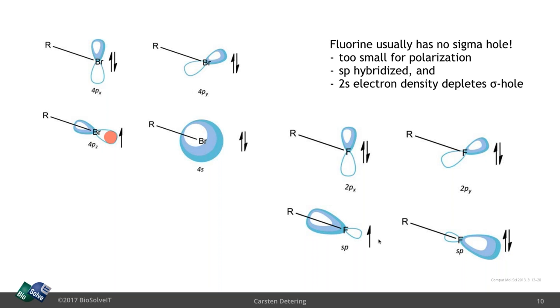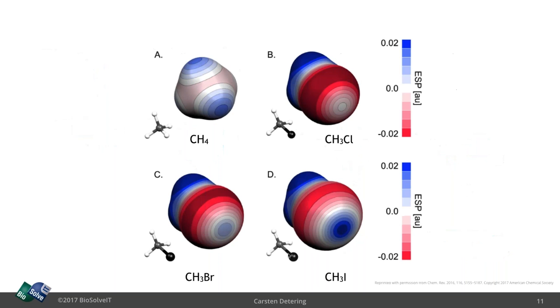Bromine and iodine atoms are larger and more easily polarizable, which is also shown here in calculations of methane, chloromethane, bromomethane, and iodomethane. Pay attention here, the color is inverted, so positive electrostatic potential is shown in blue.